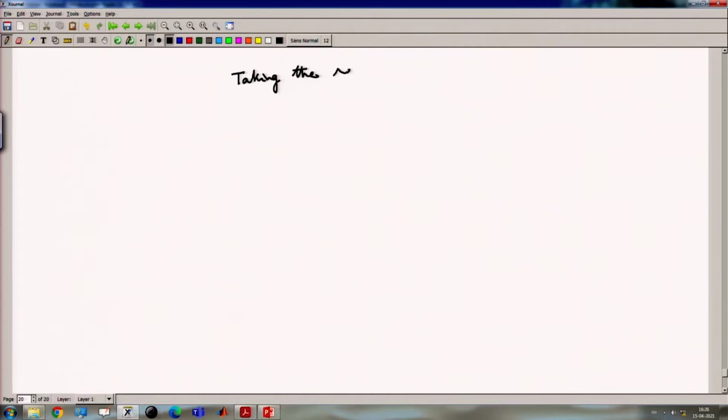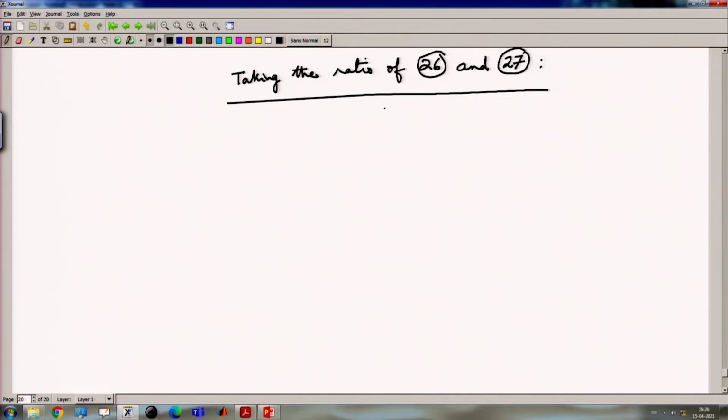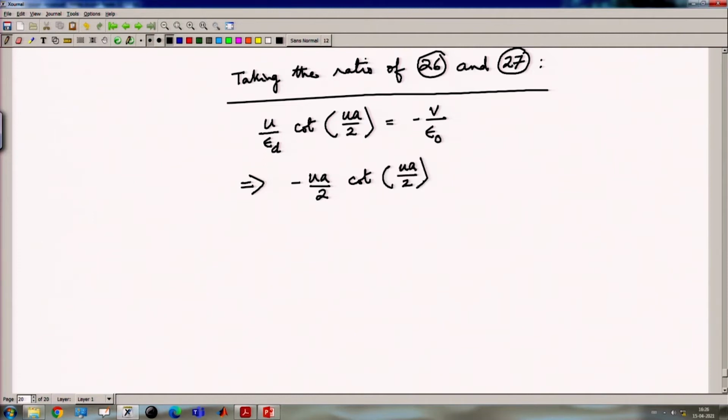Taking the ratio of 26 and 27, we obtain u by epsilon d cot u a by 2 equal to minus v by epsilon naught, which implies minus u a by 2 cot of u a by 2 equal to epsilon d by epsilon naught, v a by 2. Call this equation 28.